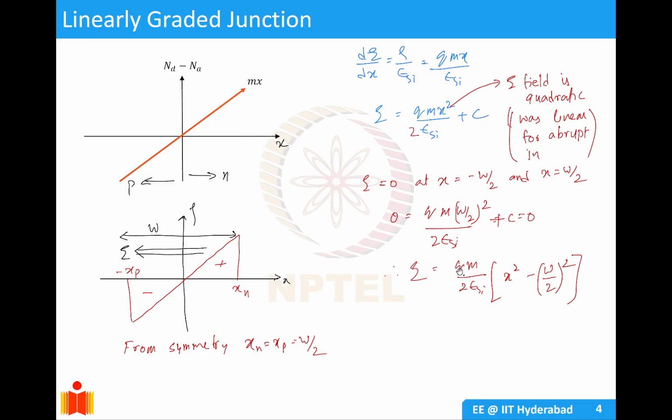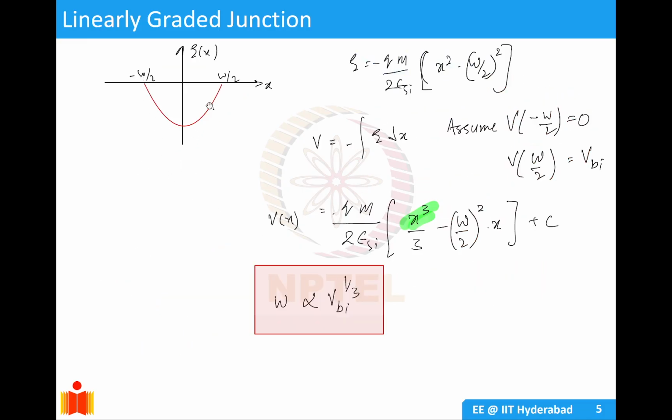So your electric field then comes out as q m by 2 epsilon si times x square minus W by 2 square. You can then plot it, and it comes out like this: from minus W by 2 to W by 2, with the peak value given by minus q m by epsilon times W square by 8. Then you integrate over it to get the voltage potential, V equals minus the integration of E dx.